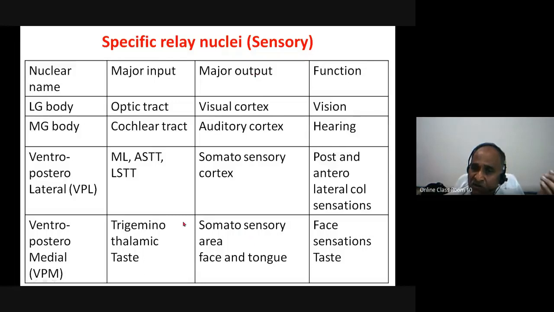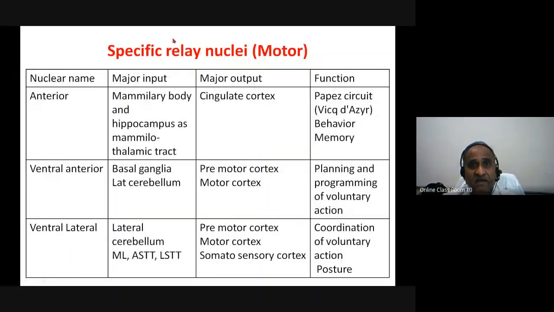They will go to the somatosensory area 3, 1, 2 concerning the face, and the gustatory cortex, that is area 43. And you can have all the facial sensations and the taste. This is just for the specific relay nuclei, sensory. Now, specific relay nuclei of the motor.